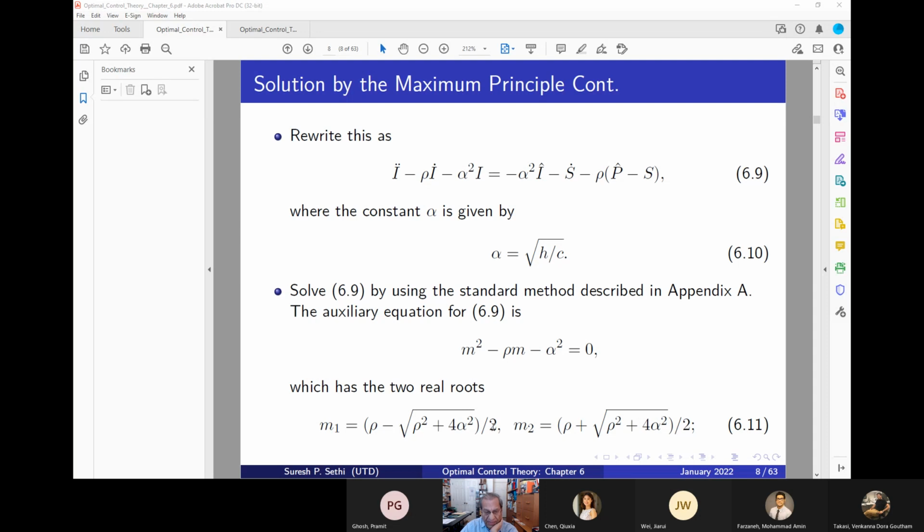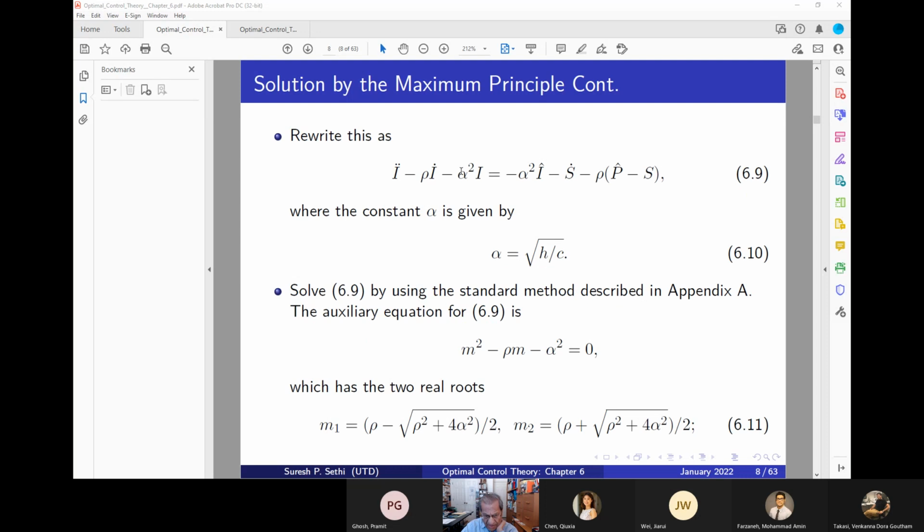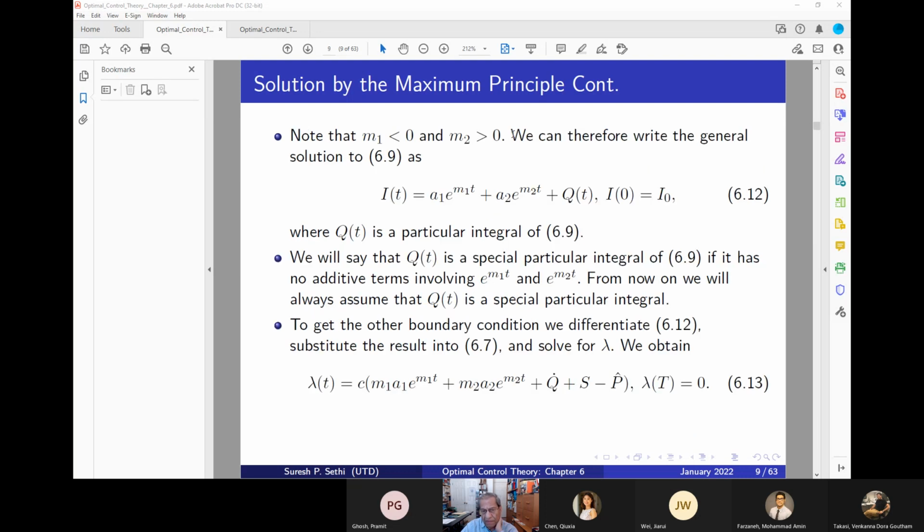Never more than rho, but it could be negative, and this will certainly be positive regardless. M1 is less than 0 because this is bigger than rho, and this was positive, so M2 is bigger than 0.